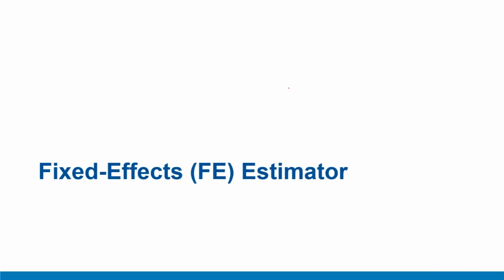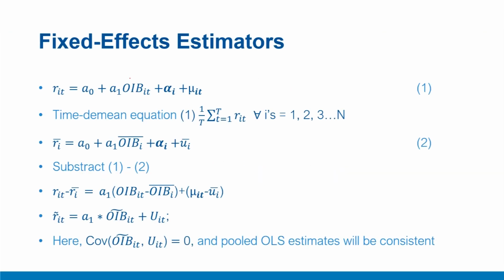In this video, we'll introduce the fixed effects estimator, a very important class of estimators for panel data. Let us recall the original model where we were examining the relationship between order imbalance and returns, where alpha i was the unobserved heterogeneity which was vitiating our estimation. Now consider a time mean equation. When I say time mean, that means for every security i, the return variable average is taken over all the times.